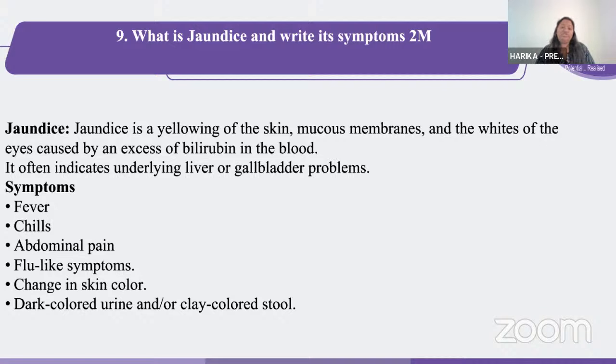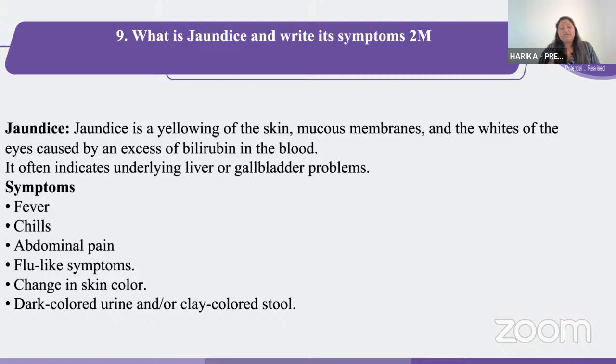How to identify jaundice? One, our skin will become yellow, and our eyeballs and mucous membranes turn yellow. This is one symptom. The others are fever, chills, severe abdominal pain, flu-like symptoms, a little headache, and as mentioned, change in skin color.